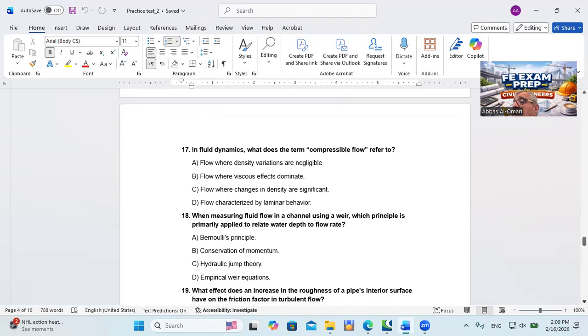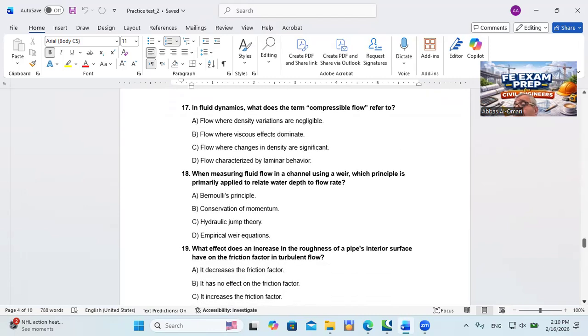So water flow in pipes is incompressible. So which is compressible? Flow where density variations are negligible? Flow where viscous effects are dominant? No. Flow where changes in density are significant? Yes, that is compressible flow. So the answer is C.